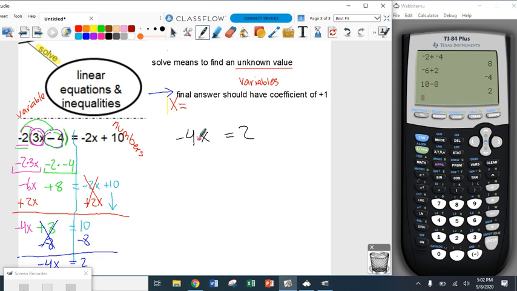What do I divide by here? Well, I just want x, so I have to somehow get rid of this 4. If I'm multiplying x times 4, then I'm going to divide by the negative 4 to get just x. What I do to one side, I have to do to the other.